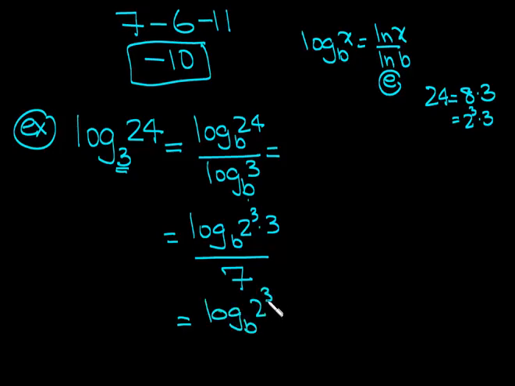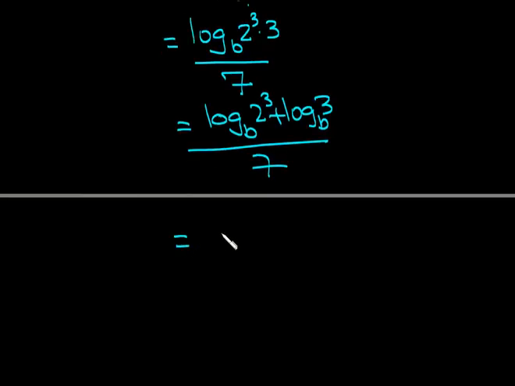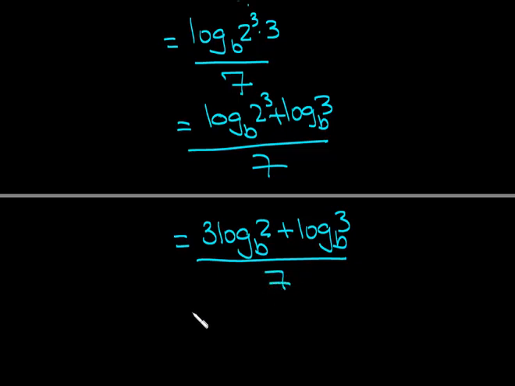So I get 2 cubed times, plus log of 3 base b, over 7. And then I get 3 in the front, so I get 3 log of 2 base b plus log of 3 base b over 7. So you get 3 times 3 plus 7 over 7.